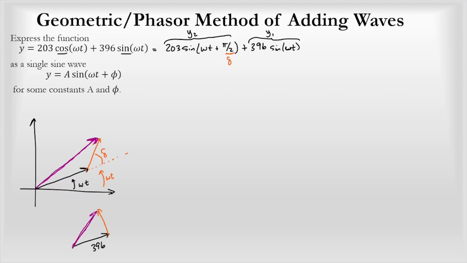Okay, so when you look at this problem and it says express this function as a single sine wave, you're thinking analytically, how do I add cosine and sine, and there's two different amplitudes. This is why we use the geometric or phasor method to make it easy to do this problem, okay?